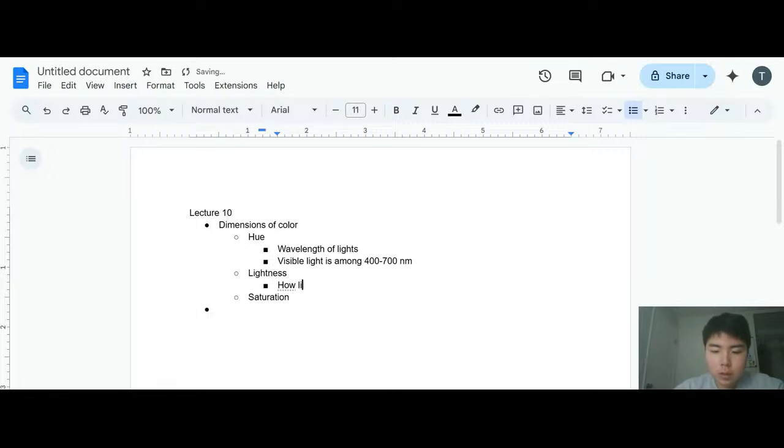How light or dark. Yeah, that makes sense. Then what is saturation? For a particular hue, this describes a monochromatic message, and saturation is like grayness, white and black. That makes sense.